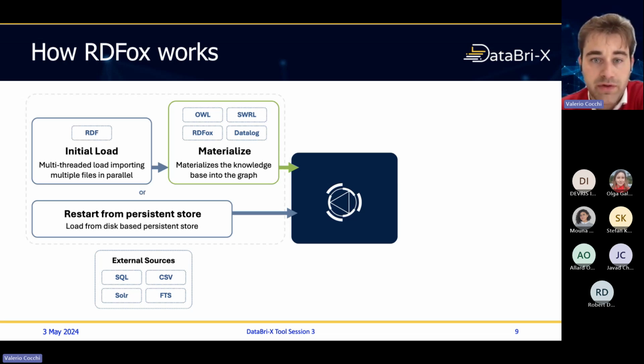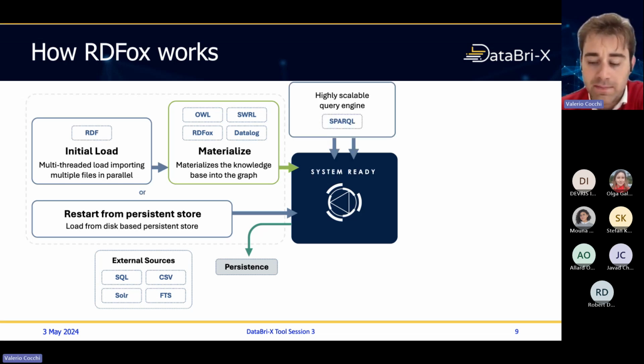Then we will codify the knowledge of experts in rules, which goes back to what I was saying earlier with reasoning. We'll put these rules into RDFox, and then we have an option of persisting the data. And then when that's done, we can query RDFox in a highly scalable fashion, and hopefully answer all the questions that are required.